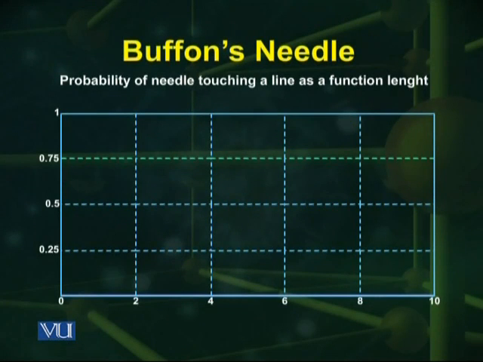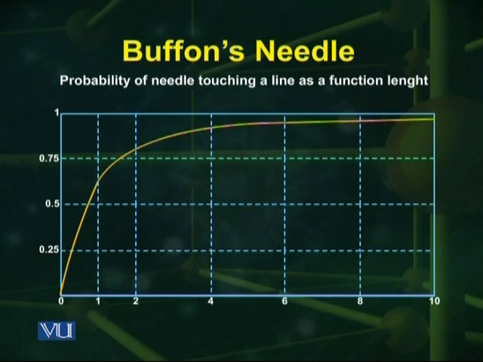This slide shows that when the needle length is very small, the probability of it touching any line is also very small, which is intuitively how it should be. As the length of the needle is increased from a very small value to a relative length of 1, the probability of this touching any line also increases linearly, and it reaches a value of 2 over pi, or 63.7%.